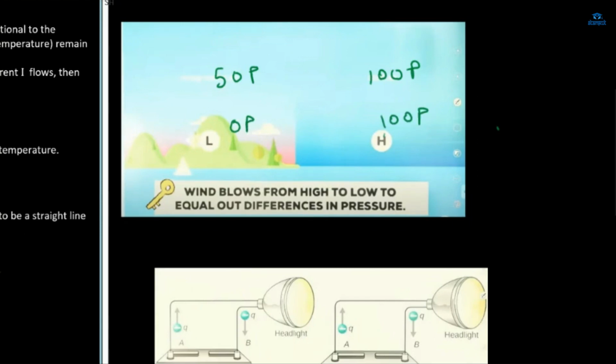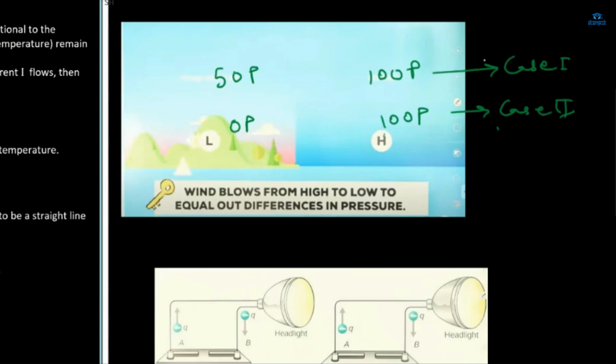So suppose this is the first case, case 1, and this is the second case, case 2. In which case will the air move faster? In the first case or in the second case? Safia, in which case will the air pass very quickly? Second case, right?